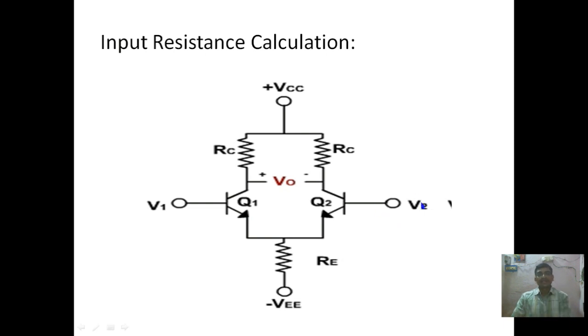And if we are calculating Ri2, the input resistance of the second stage, then the stage 1 input voltage V1 should be grounded. Then only we can calculate the input resistance of our differential amplifier.